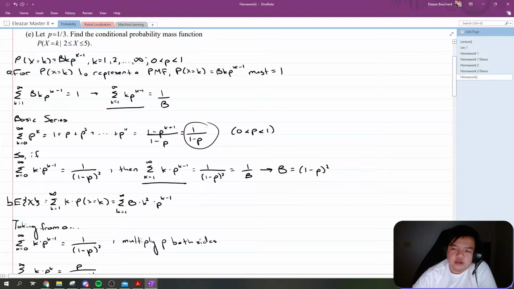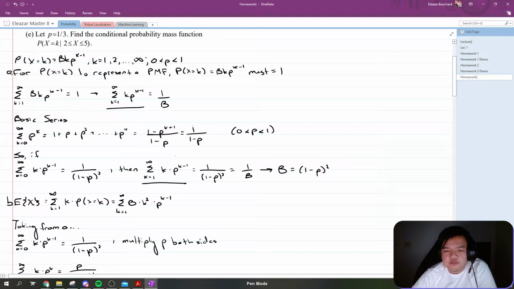The reason it simplifies to 1 over 1 minus p is that p is greater than 0 and less than 1, so it's a small decimal number. Since k is being taken to infinity, that term just cancels out to 0 because it becomes very small.